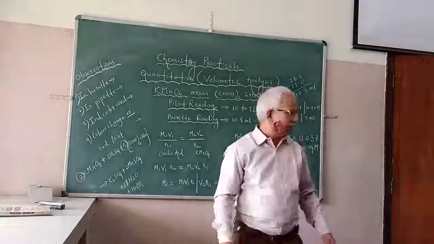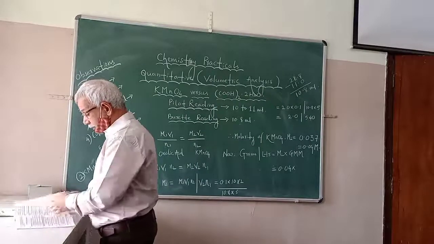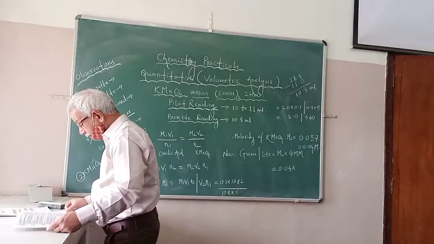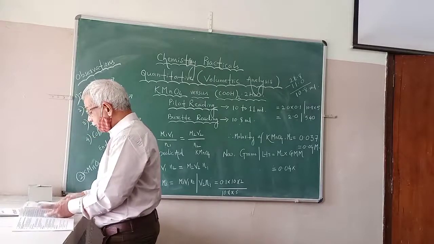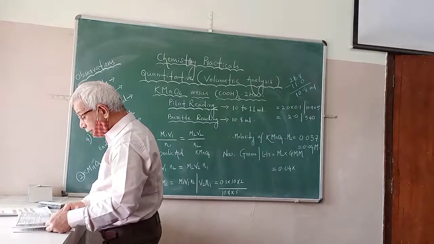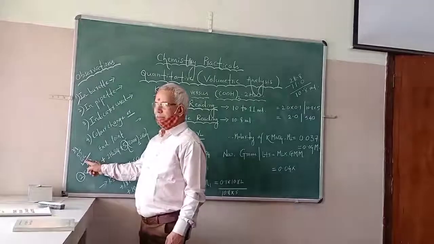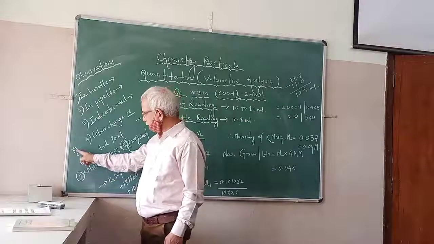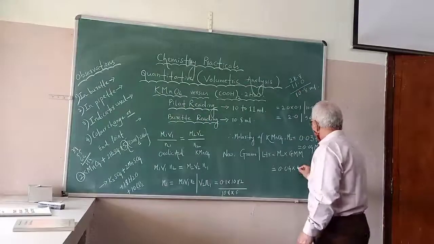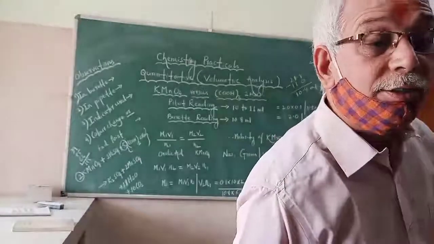Potassium, manganese, and 4 oxygen, total 158 grams. So I multiply 0.04 into 158, which is 6.32.